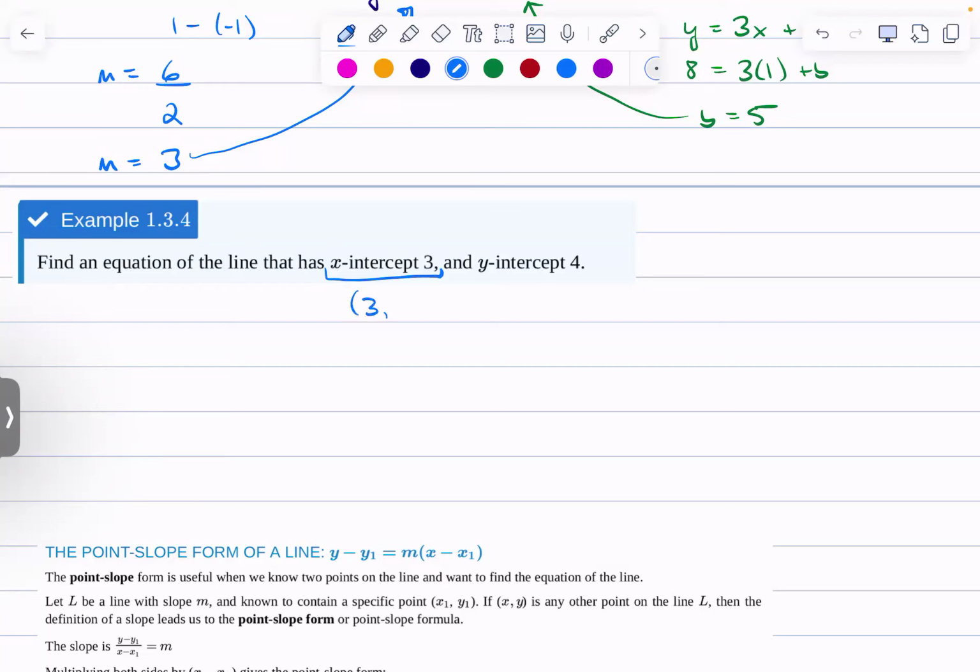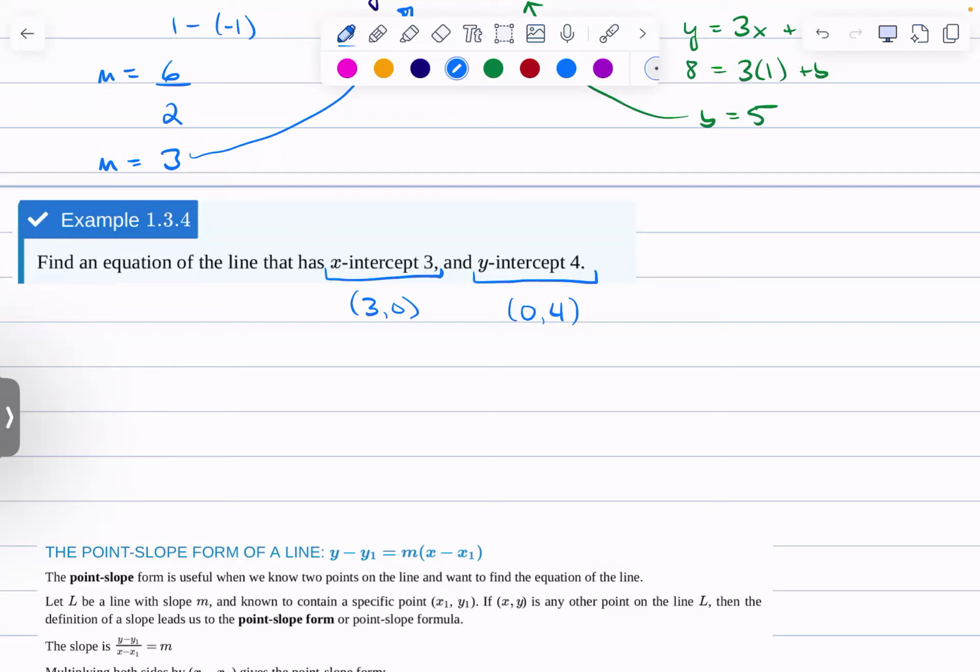And so this is going to translate into (3, 0). That's sneaky. How about the y-intercept? When x is 0, y is 4. So we are given points, just not explicitly.